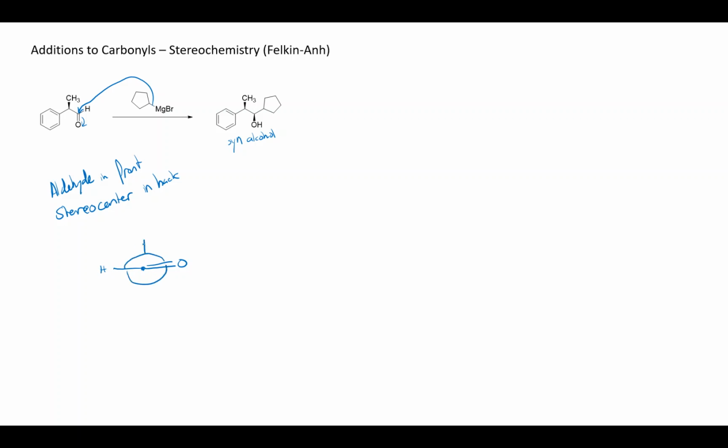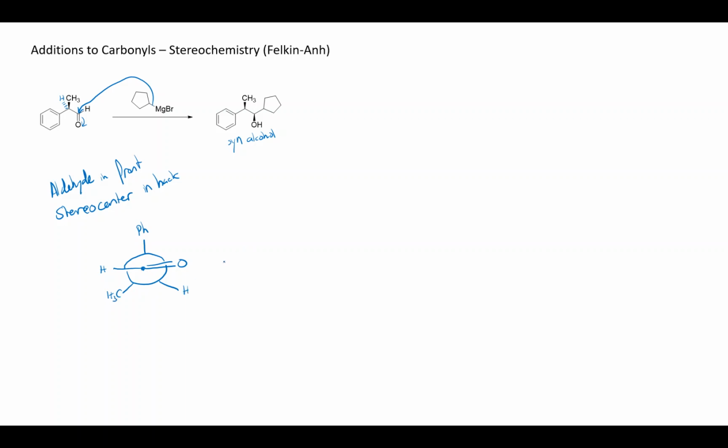And in the back, I'm going to have three groups. I have the benzene ring, I have the methyl group, and then I have the hydrogen that's back here as well. The benzene ring is going to be perpendicular to the carbonyl, and then we're going to have the hydrogen and the methyl group. So we'll put CH3 over here and the hydrogen over here.